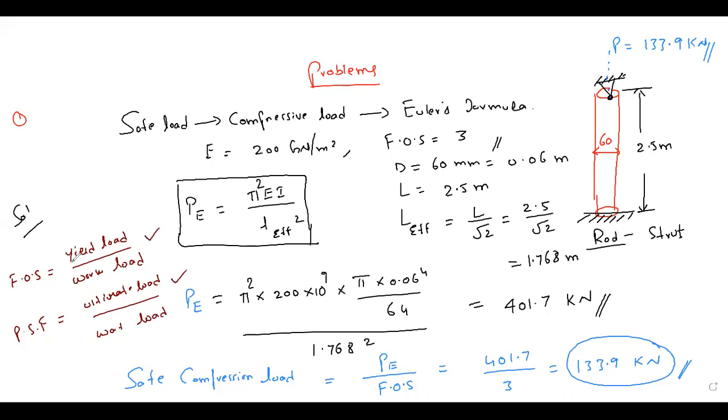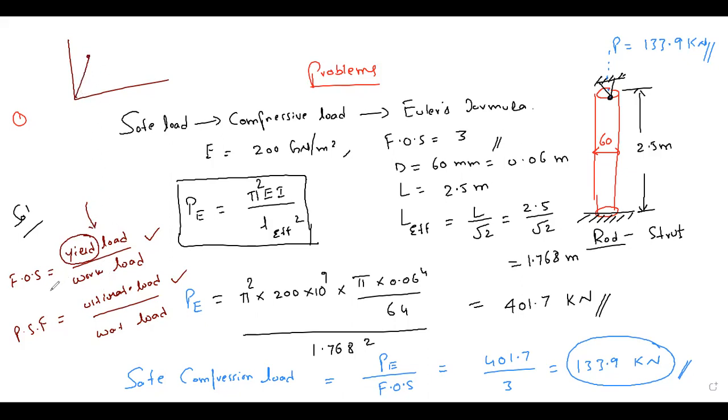Why are we considering factor of safety as yield load to working load? Because our assumption is that stress is directly proportional to strain, which holds until the limit of proportionality. Up to the limit of proportionality, the material undergoes only yielding, because this is a steel rod.